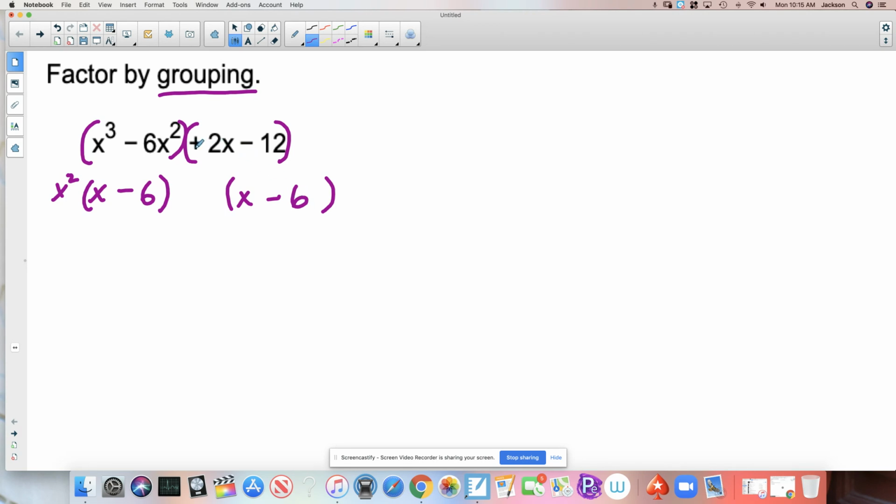So when you look at positive 2x, and notice I kept the plus symbol with this term, that's key here. What would I have to factor away from positive 2x to end up with just x, right? And we would obviously, I hope it's obvious here, we'd have to factor out a 2, and that would be a positive 2, right? I know it's a bit awkward to write that plus sign there, but that's what we would factor away from 2x to be left with an x.